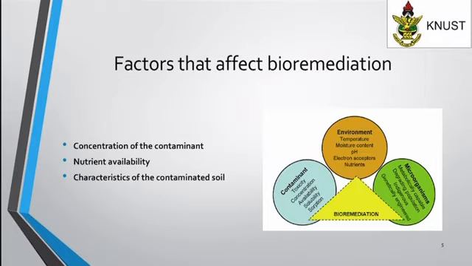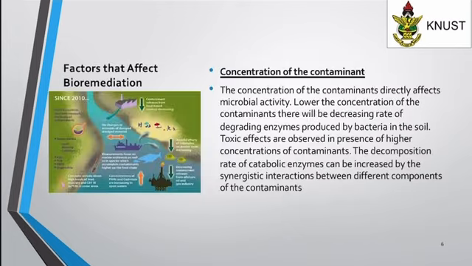Factors that affect bioremediation: 1. Concentration of the contaminants. 2. Nutrient availability. 3. Characteristics of contaminated soil. Factors that affect bioremediation: 1. The concentration of the contaminant. The concentration of the contaminants directly affects microbial activity.